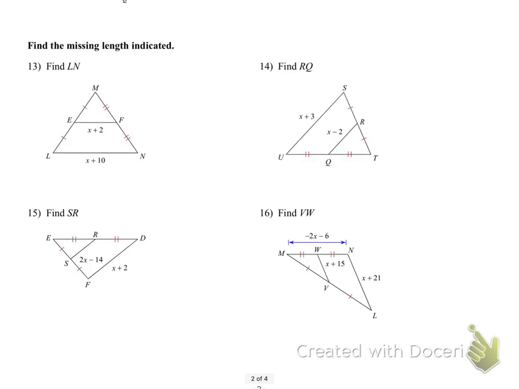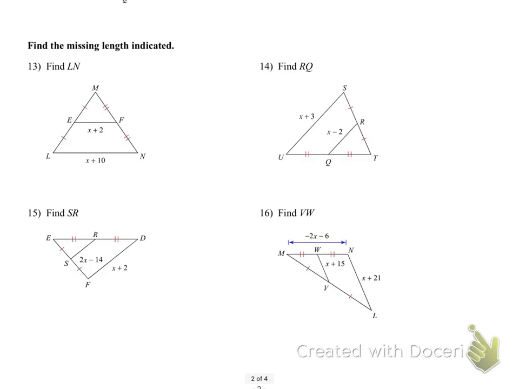So which one of these do you guys want to do? Well, we're looking at 13 through 16. 16. Okay, we're going to find VW, and that's our main goal. But the first thing we need to do is just set up an equation in order to solve for x.